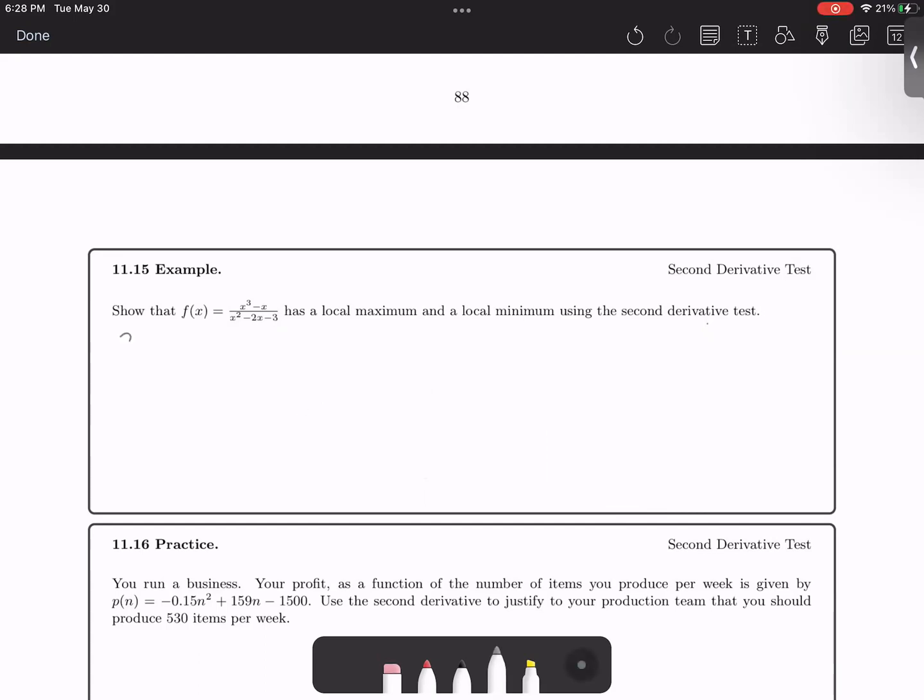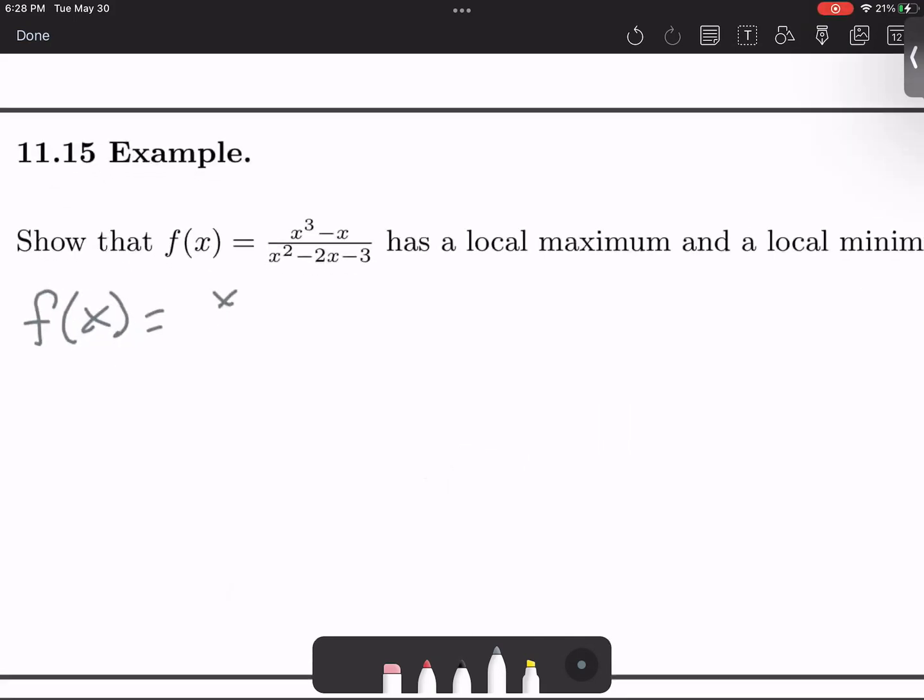Let's take this function f of x. Before we differentiate this, I want to rewrite it. We've got x cubed. Let me factor out an x there. And I believe that denominator factors. Oh, sorry, that should be a 1. That denominator is going to factor as x minus 3, x plus 1.